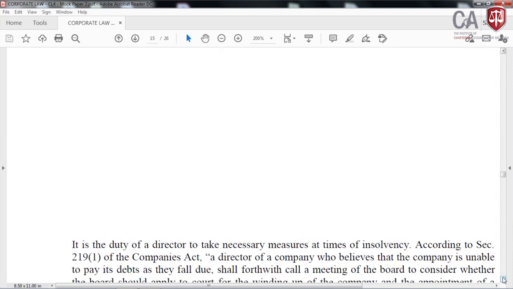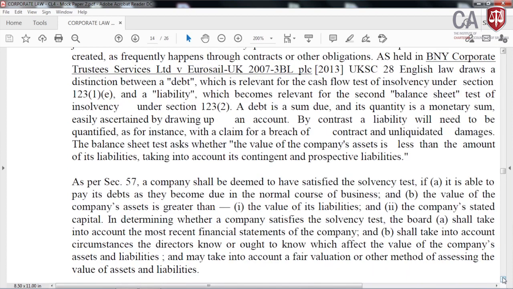As per section 57 of the Companies Act, a company shall be deemed to have satisfied the solvency test if it is able to pay its debts as they become due in the normal course of business, and the value of the company's assets is greater than the value of its liabilities and the company's stated capital.